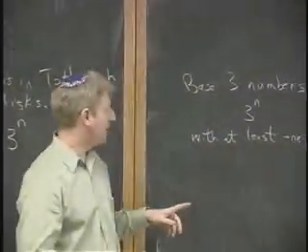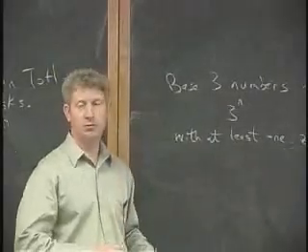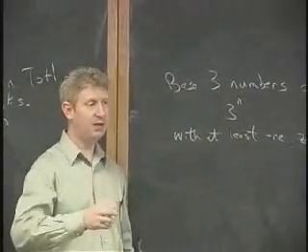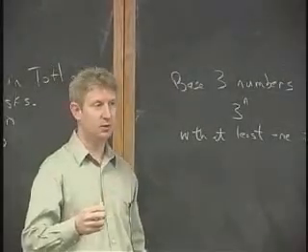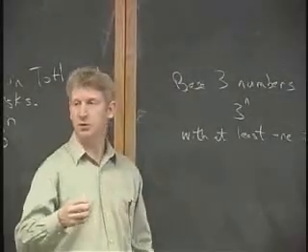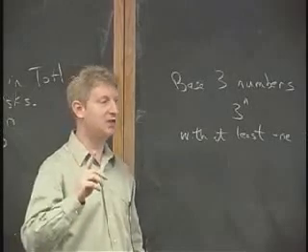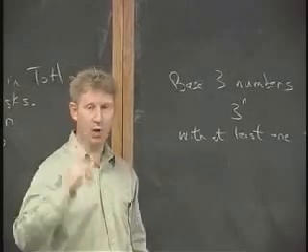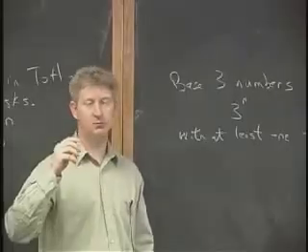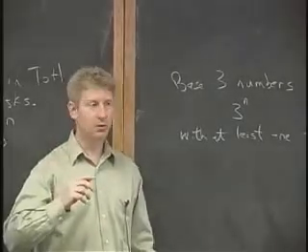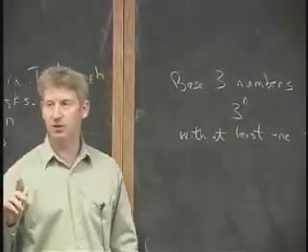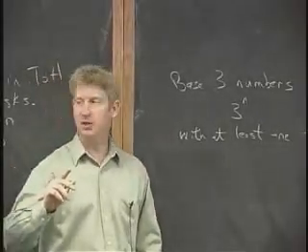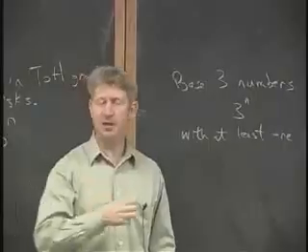The base 3 numbers that have at least 1 0 are the complement of the base 3 numbers that have no zeros. If they have no zeros, that's the same as the base 3 numbers that have 1s and 2s. Base 3 numbers that have 1s and 2s exclusively is the same thing as binary numbers.